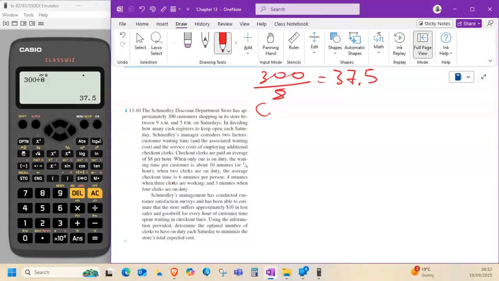So now you have your service cost. It equals $8 per hour for checkout clerks, and when only one is on duty, the wait time per customer is 10 minutes.